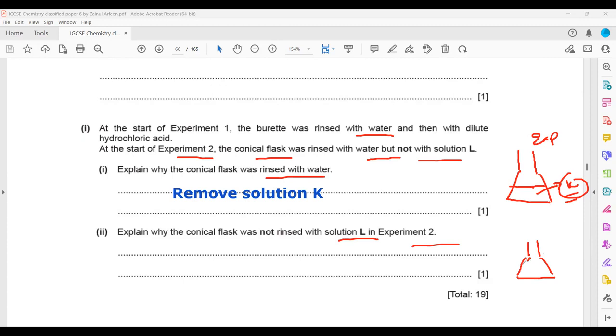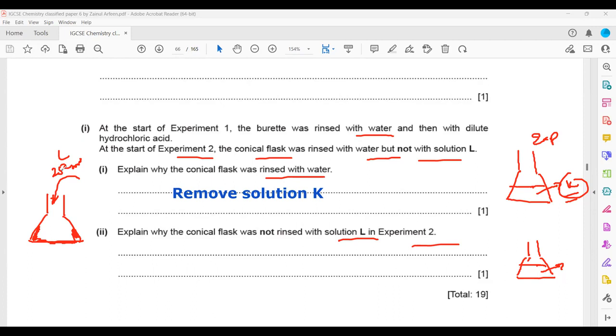Then why was the conical flask not rinsed with solution L? After rinsing with water, why did we not rinse with L? Because if we rinse with L, the conical flask might have some L inside, and when we add 25 cm³ of L for the experiment, the total volume will not be 25, it will be more than 25.